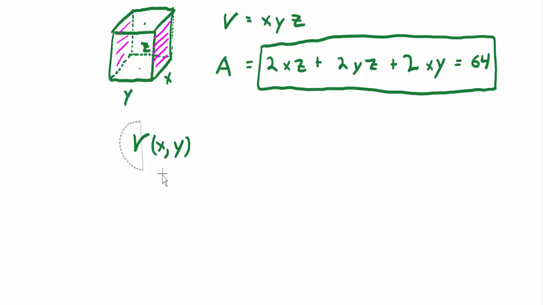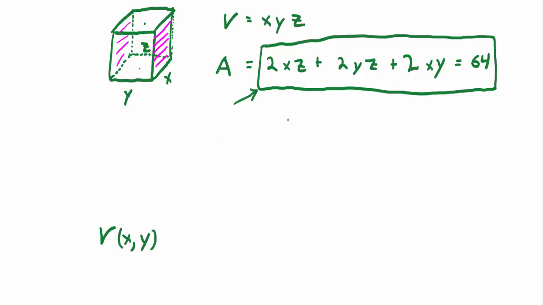But what we have for volume right now is 3 inputs, and we're not as good with 3 inputs yet. So what can we use this constraint equation for? We can use it to solve for z in terms of x and y and reduce the volume equation into just 2 variables, inputs, x and y. Okay, so that's what this constraint equation does for us.